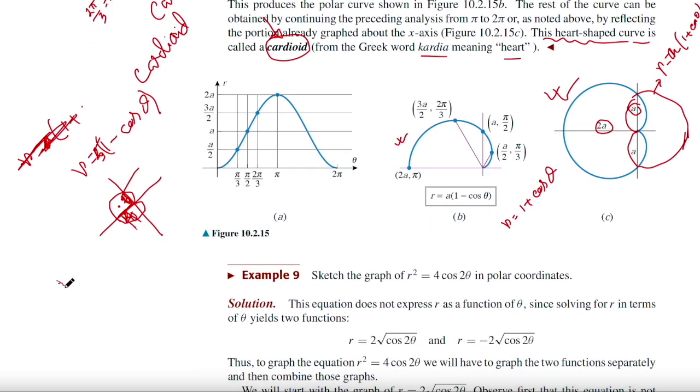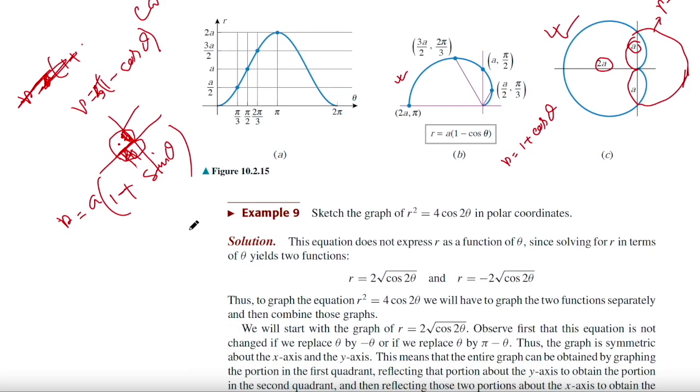And this one also cardioid, you see, r equal to a into 1 plus sin theta. If you draw this one point by point, you will see that the curve will be like this. This one, r equal to 1 plus sin theta.